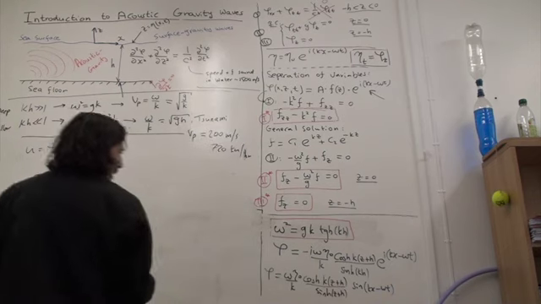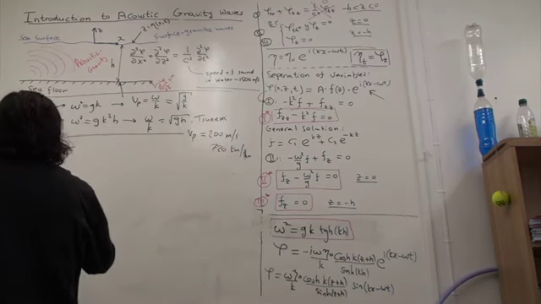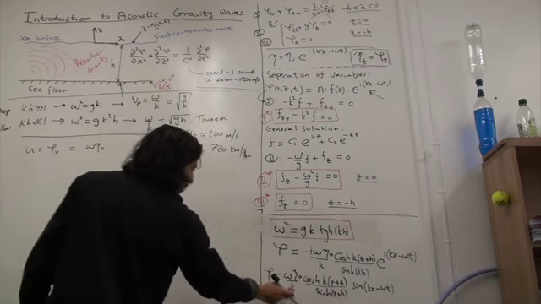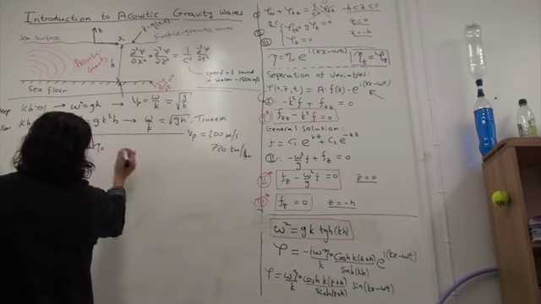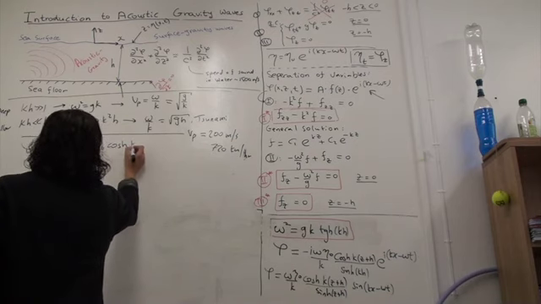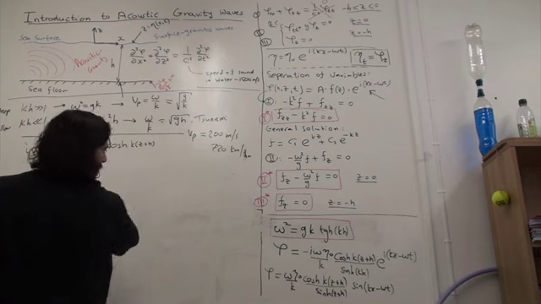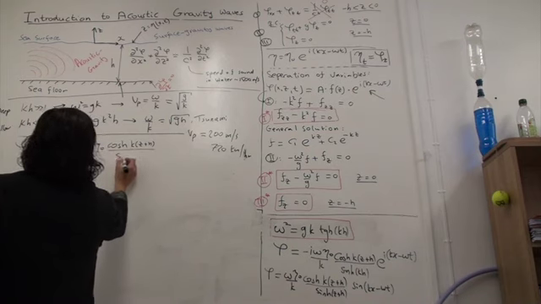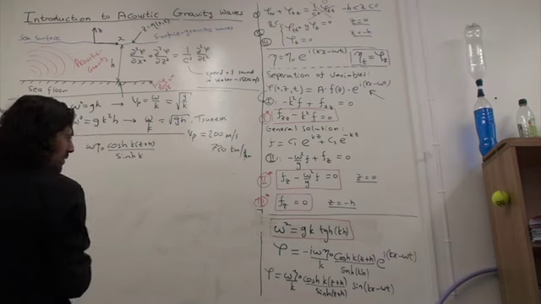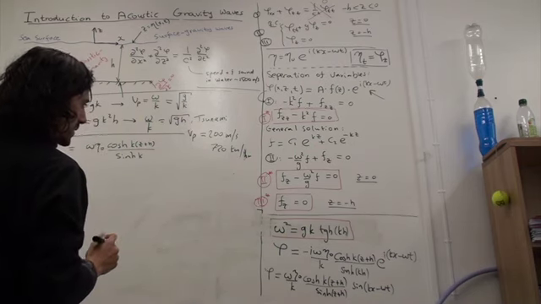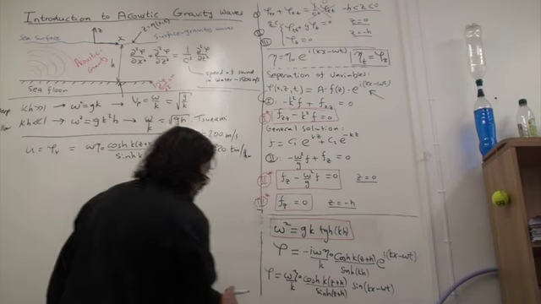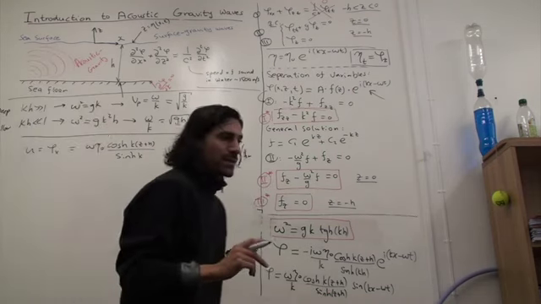So you're going to have omega eta 0 times k, and we lose the k here, and the rest is the same, hyperbolic cosine k(z plus h) over hyperbolic sine. What is that? There is no z here. That's a mistake. Let's correct that.